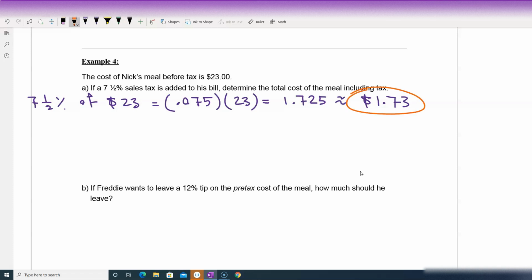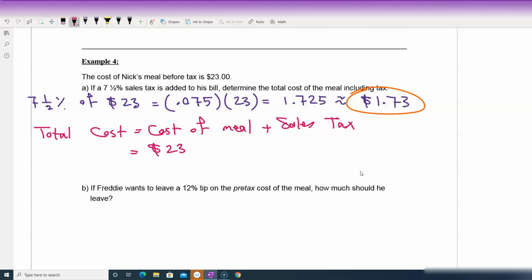We got that one. Now we should add that part to what the cost was. So this is before tax. We have to add this number to that number to find the total cost. So total cost is the cost of the meal plus sales tax.